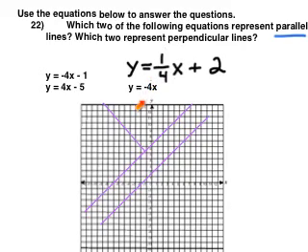That's all it is. So -4 and 4 are not the same. -4 and -4, those two are the same. So this one and this one, they are parallel to each other. As a matter of fact, if you wanted to, we could graph them.